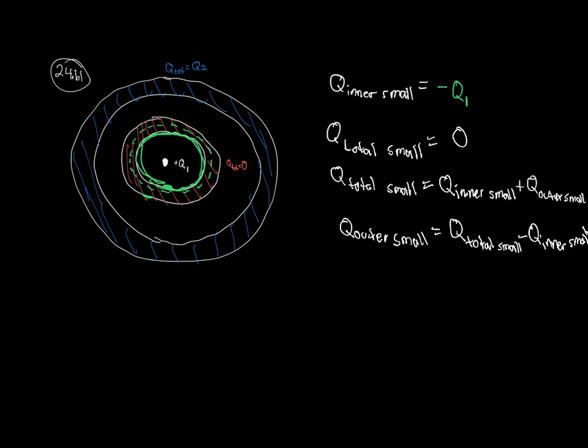I know that Q total small is 0, minus Q inner small, which is negative Q1, so Q outer small has to be equal to positive Q1. Yes. Okay. Any questions on that?